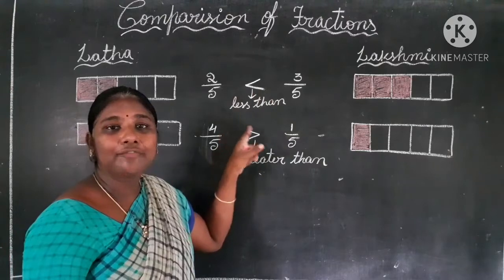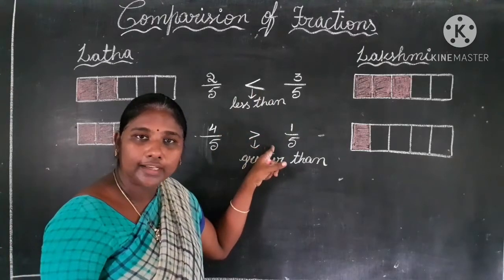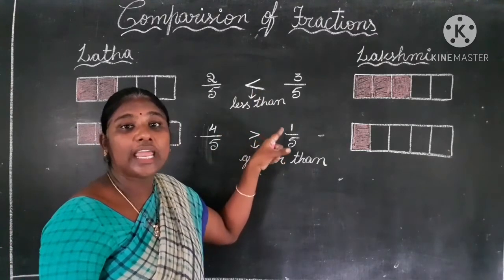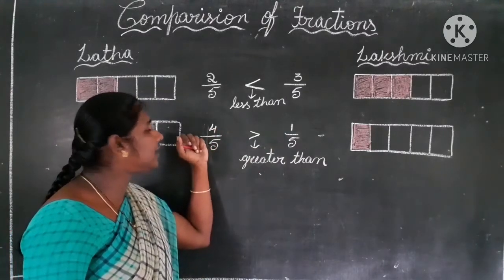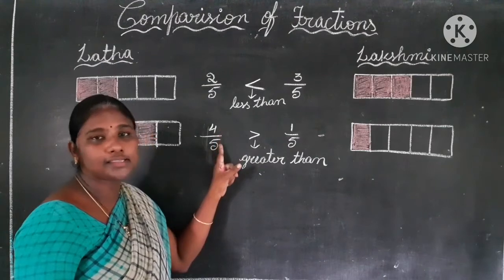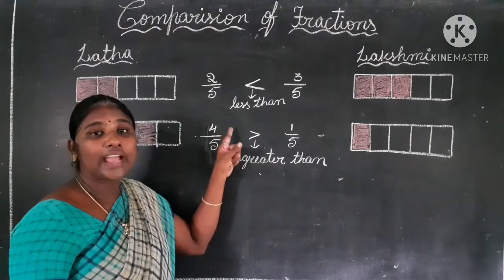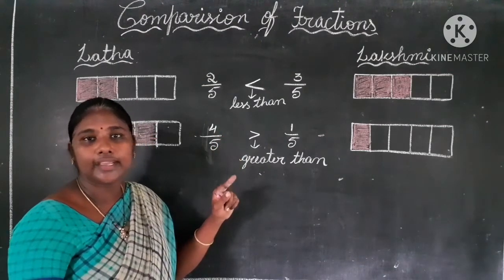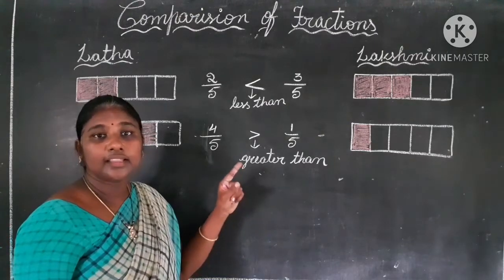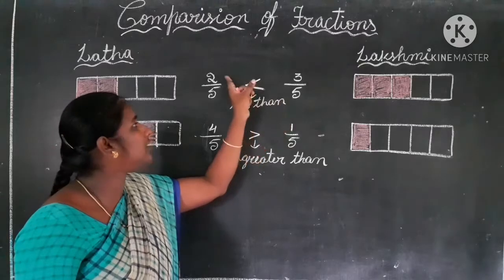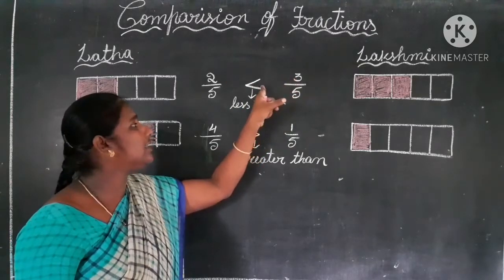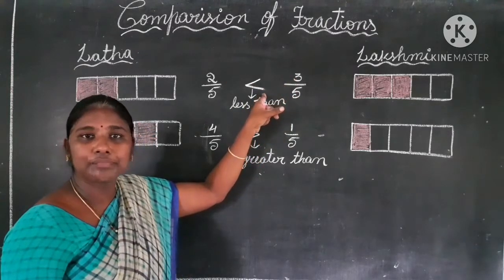While comparing fractions with the same denominator, the fraction with the greater numerator is bigger. This is the numerator, this is the denominator. In these two, the denominator is the same, and in the numerator the big number is 3, so that is the bigger fraction. That's why we keep the symbol here.